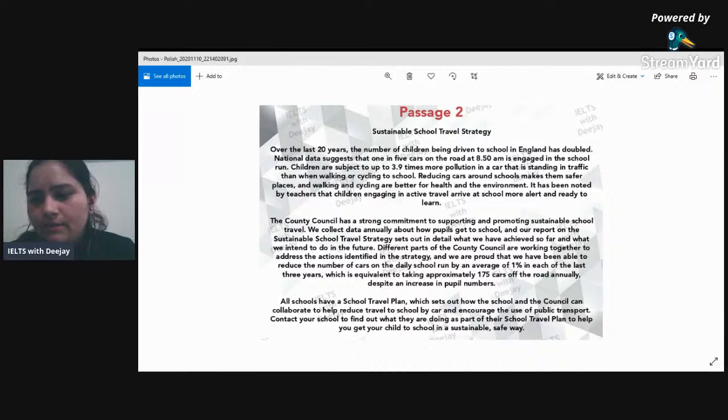It says we collect data annually about how pupils get to school. Pupils is an alternative of students. This is in the second paragraph. If you see, you will find it. The second sentence. Very good.